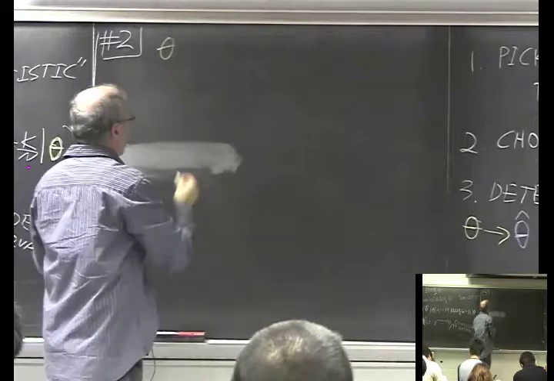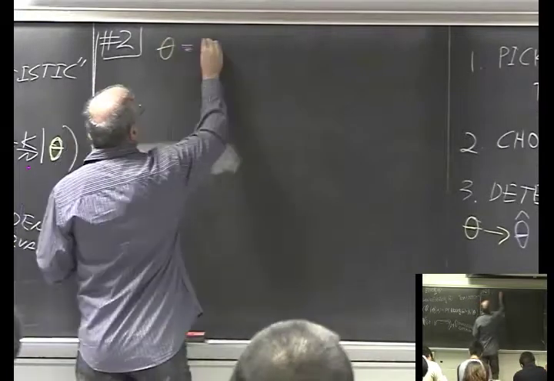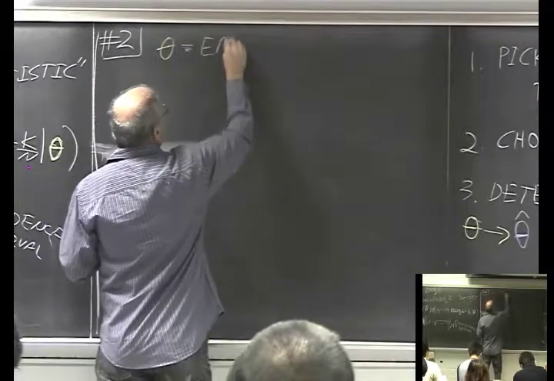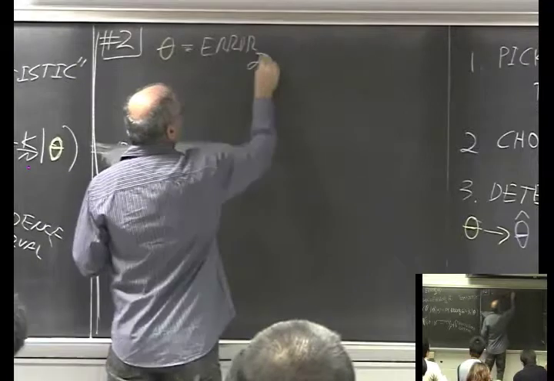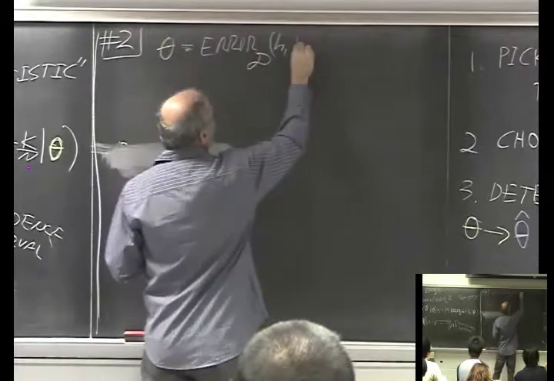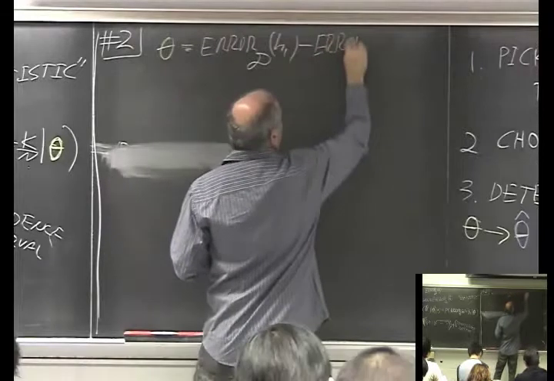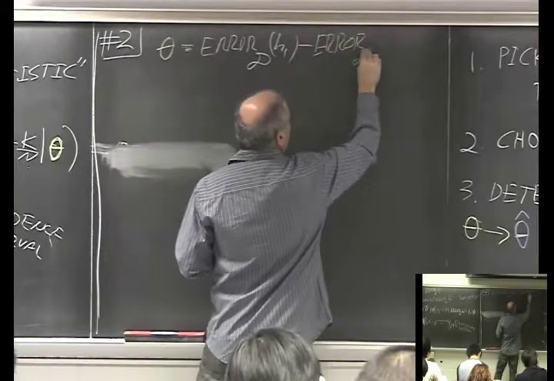Our true parameter is going to be the true error of H1 minus the true error of H2.